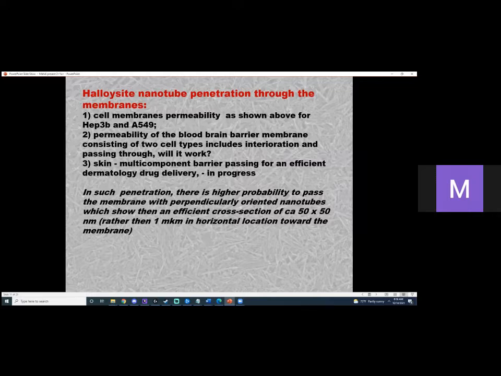And number three, skin multi-component barrier passing for an efficient dermatology drug delivery, which is currently in progress with us. That is some of our current work. In such penetration, there's a higher probability to pass the membrane with perpendicular-oriented nanotubes, which show an efficient cross section of 50 by 50 nanometers rather than 1 micrometer in a horizontal location towards the membrane, which is what we've noticed and what we predict.